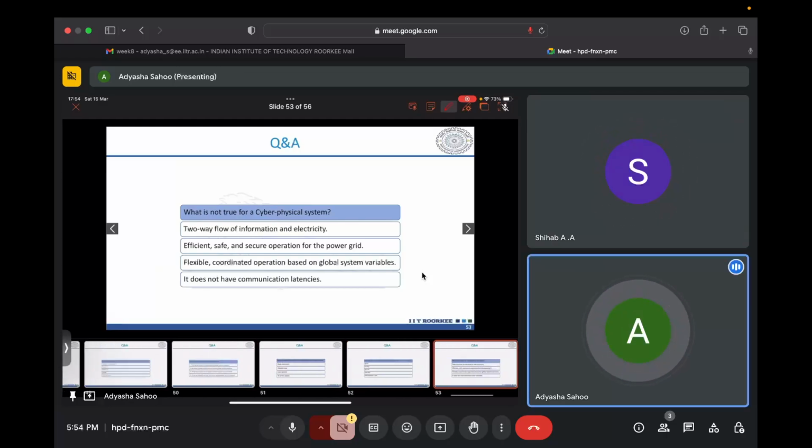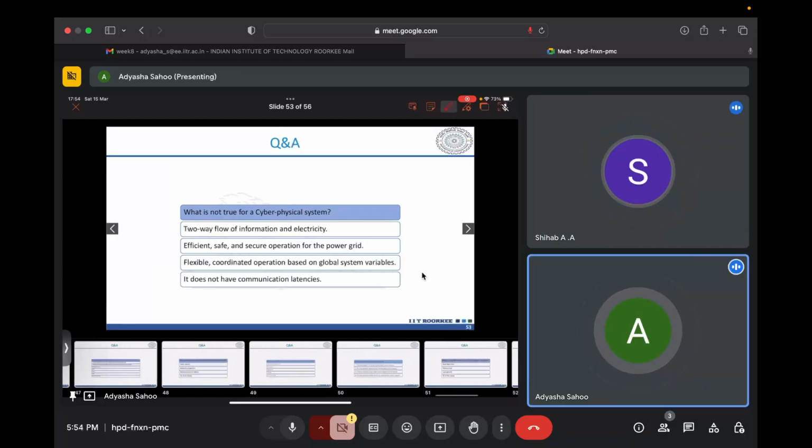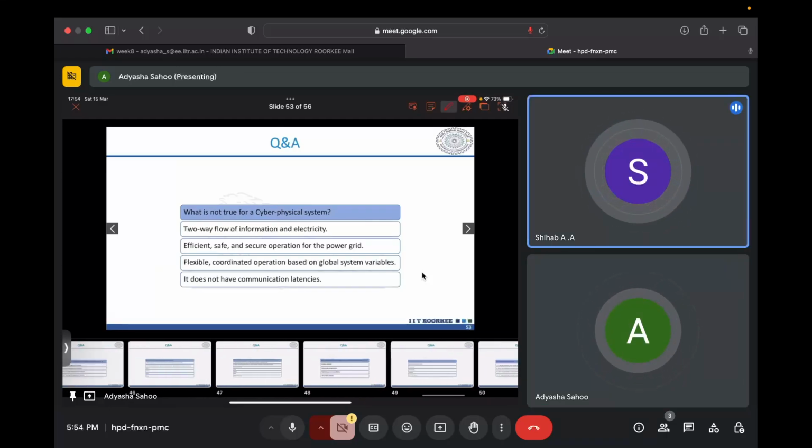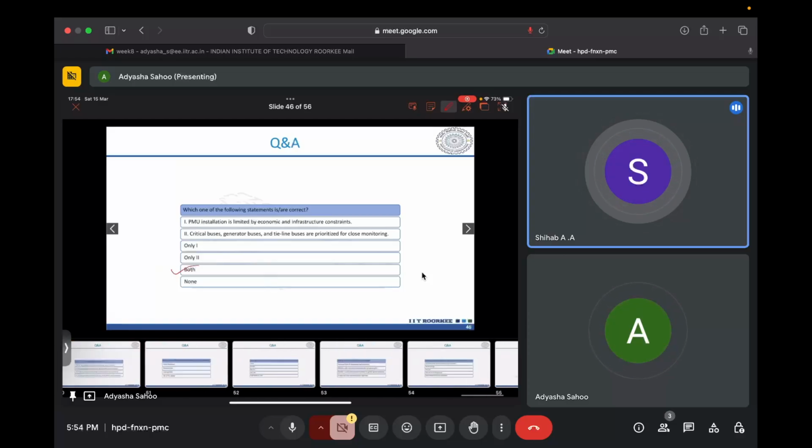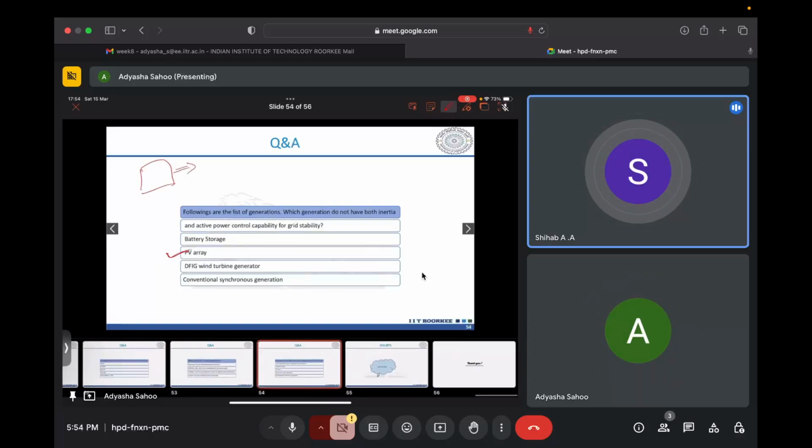Yes, sir. I will update that, it was not visible, so I will update it while uploading. I thought maybe inertia only. There is no rotating machine, that is why inertia support is 100% absent. But as per this question, the PV array has no active power control either.